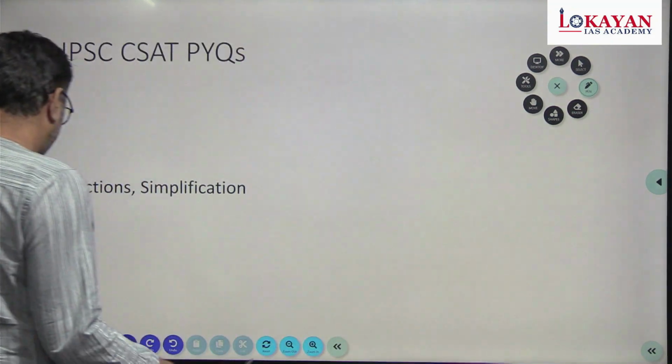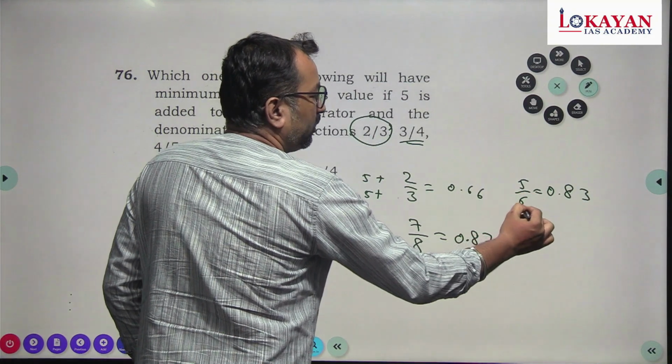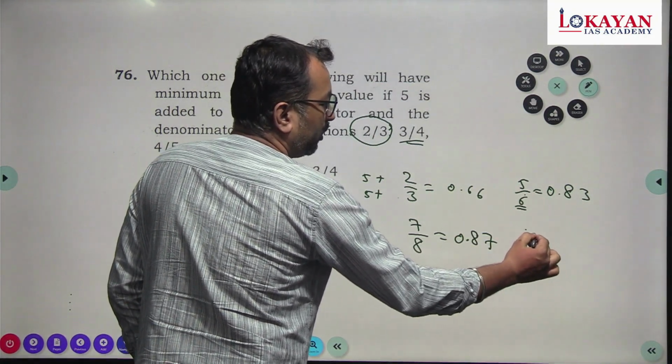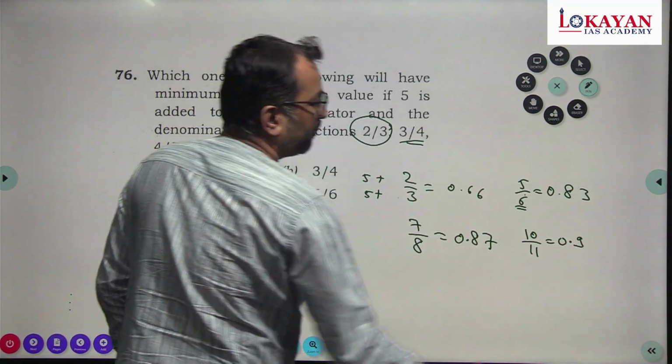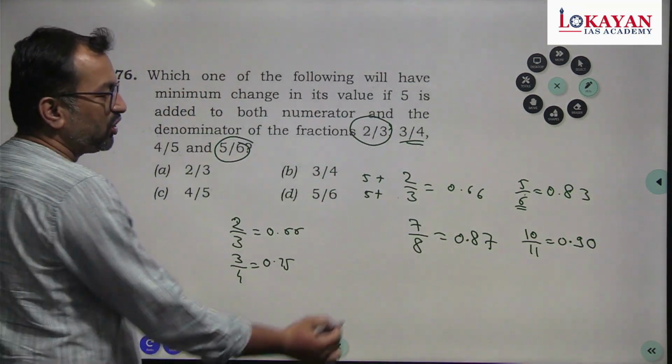And the next fraction, after adding 5 to both numerator and denominator, will become 10 by 11 and the value will become 0.90. Right? Now let's check the difference.